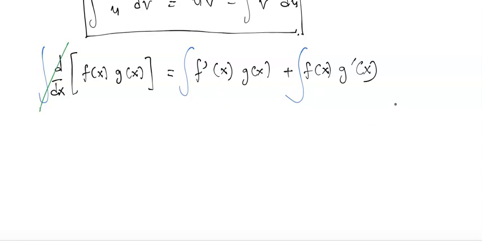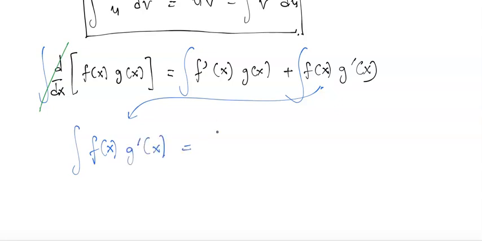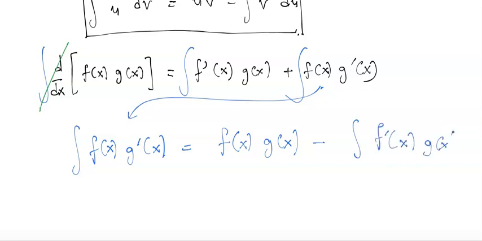Now let's rearrange it. Let's bring this one to here. So this one, f(x) g'(x), equals f(x) g(x) minus the integration of f'(x) g(x), and if we have integration we put dx at the back.